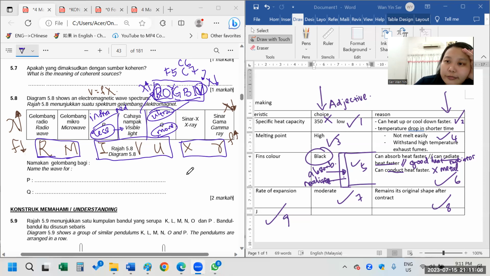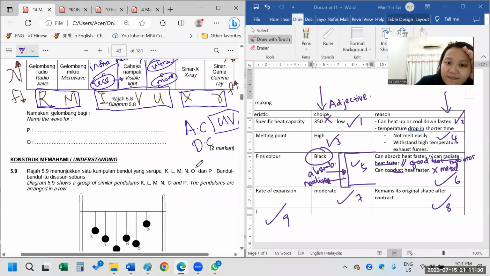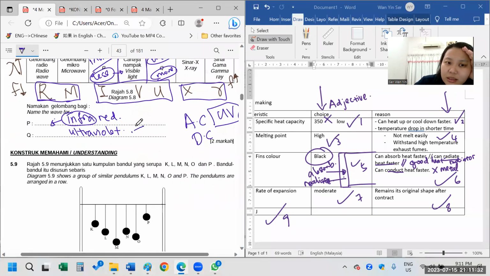But if current AC, DC are acceptable, UV... I'm not so sure. You better write full.